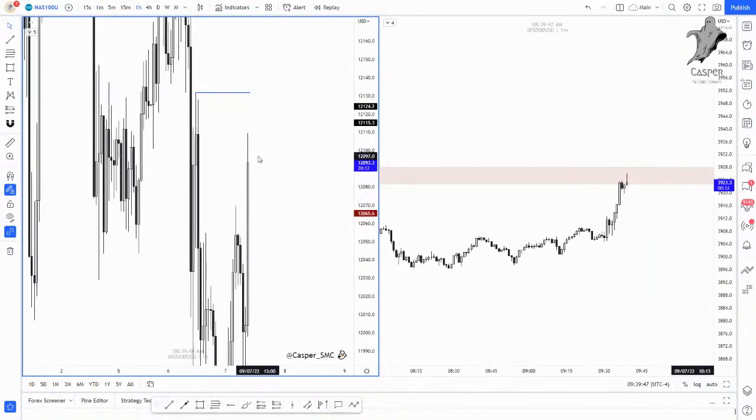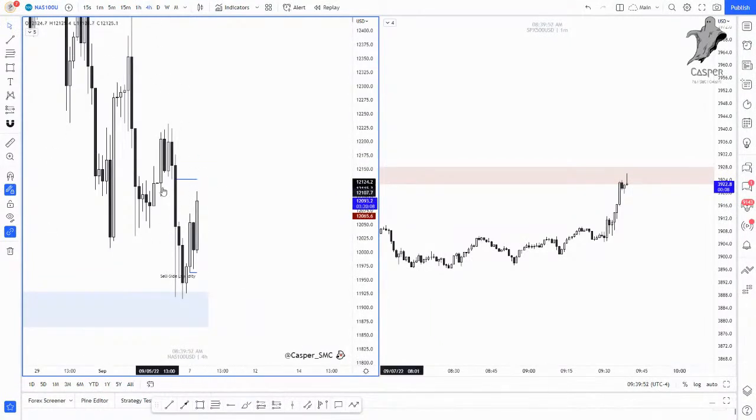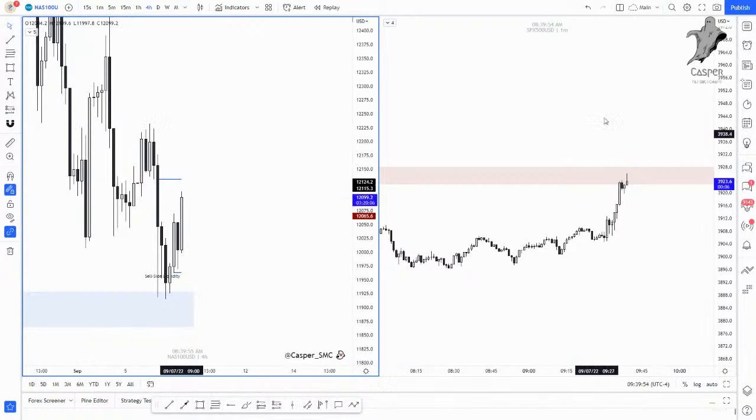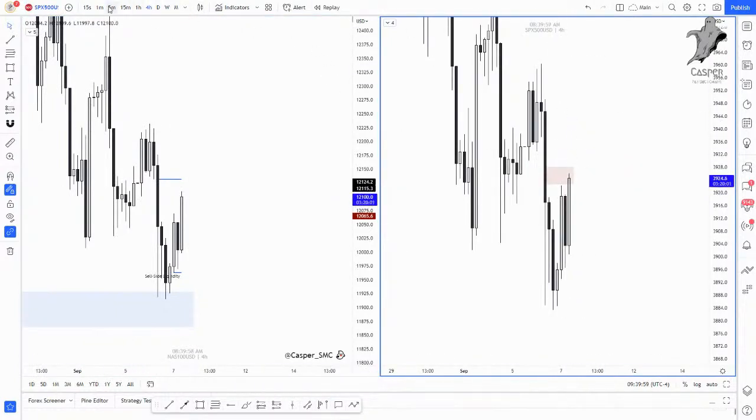Let's see if we're going into any higher time frame imbalances. Yeah, the 4 hour. Okay, we're in a 4 hour imbalance as well on the NASDAQ. Probably on S&P as well. That's correct.